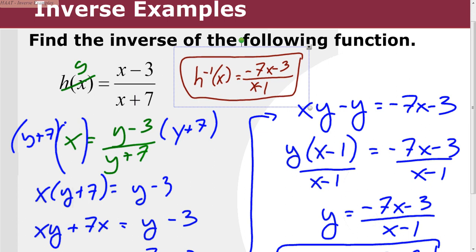So if you graphed both of them, you would see them as inverses, and that's a good way again to double check them. You just take them in the graphing calculator, plug one in for y1, one in for y2, probably also graph y equals x, and go from there.